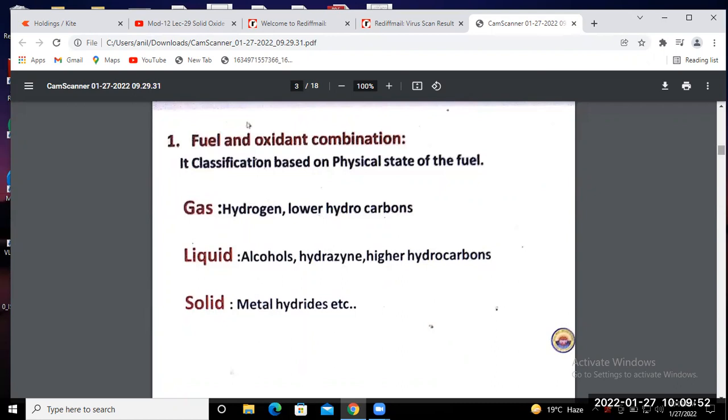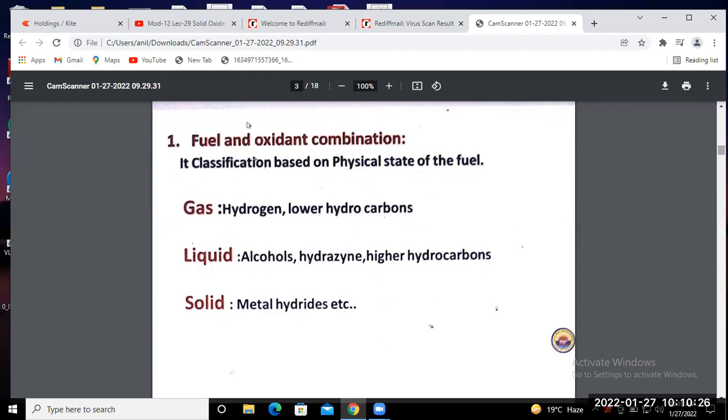And if you concern about the liquid state, then you may find various fuels, such as alcohol, which is found in liquid form, hydrogen, which is also found in liquid form, and hydrocarbons. These are the basic fuels we may find in liquid form.